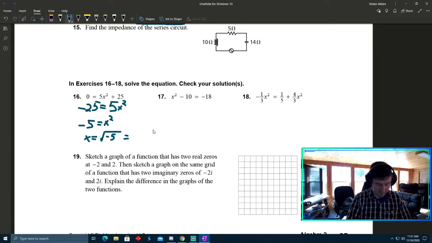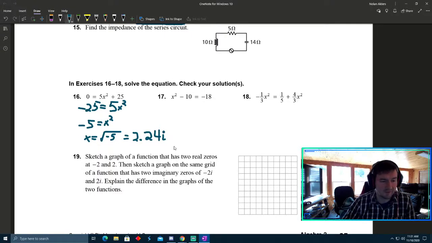So let's see what square root of 5 is. The square root of 5 gives us about 2.24. So we could write it as about 2.24i. Remember, anytime you take the square root of a negative, just take the square root of the number and add an i in there. And there you go. So 2.24i.